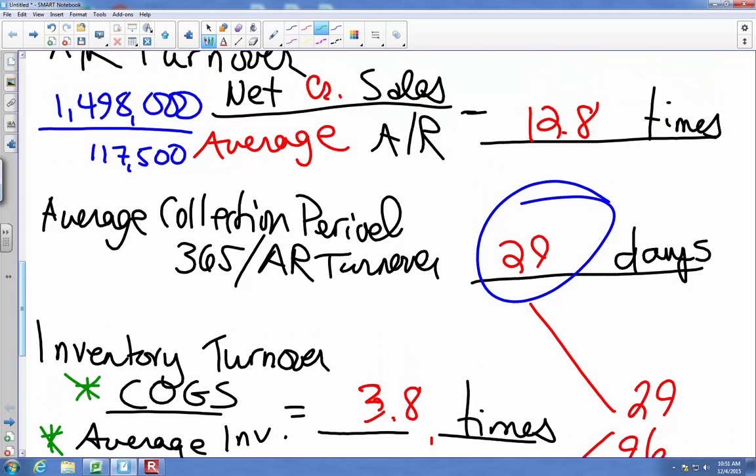So all of these are looking at how you are taking something on your balance sheet, something that you own, to generate sales or profit of some sort.